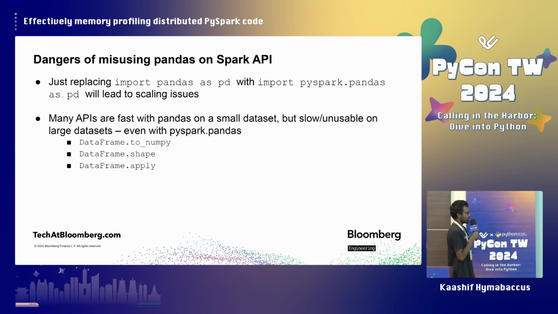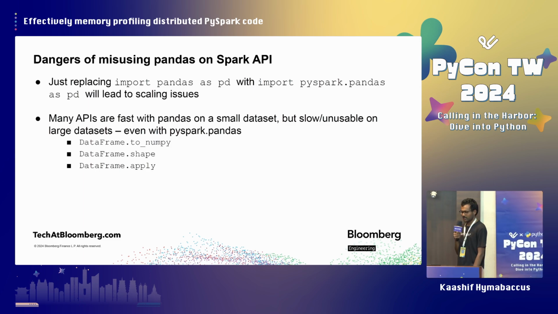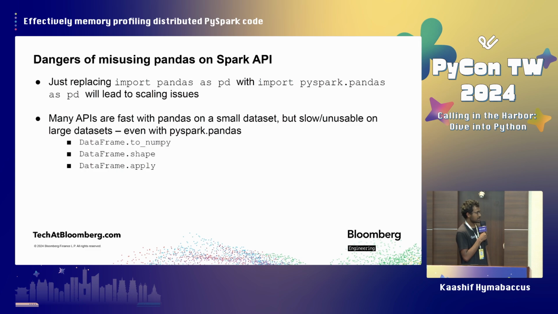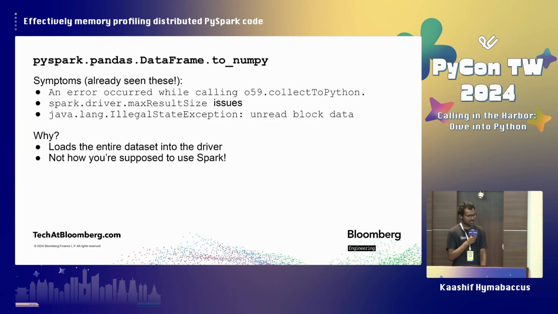But there are other gotchas too. There are other foot guns where in pandas the function is super fast and super cheap, but in PySpark they are expensive for various reasons which we'll get into. So there's dataframe.shape and there's apply, and these have, in some cases, more subtle gotchas that you have to be aware of.